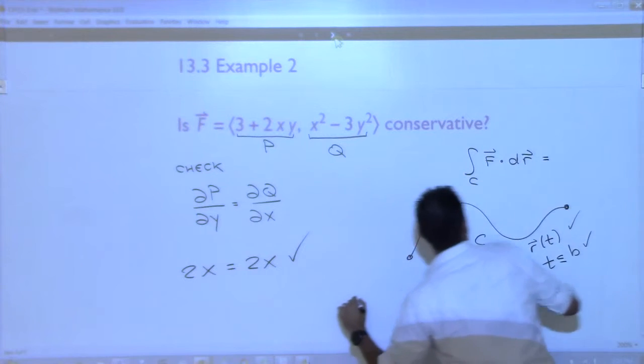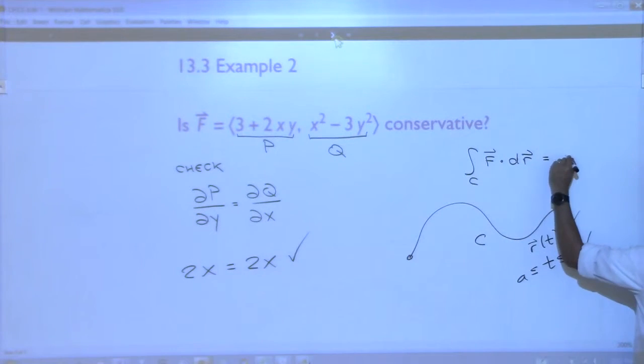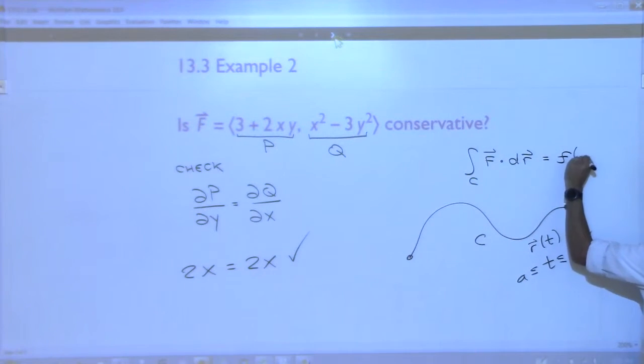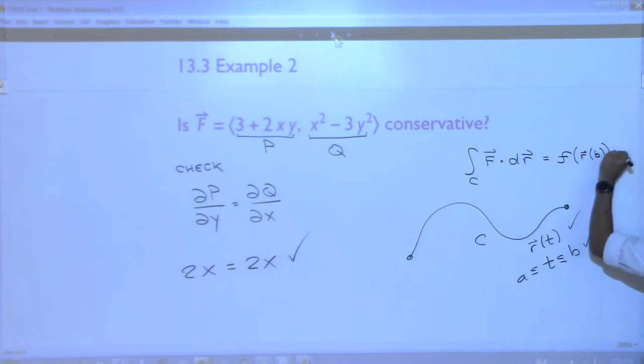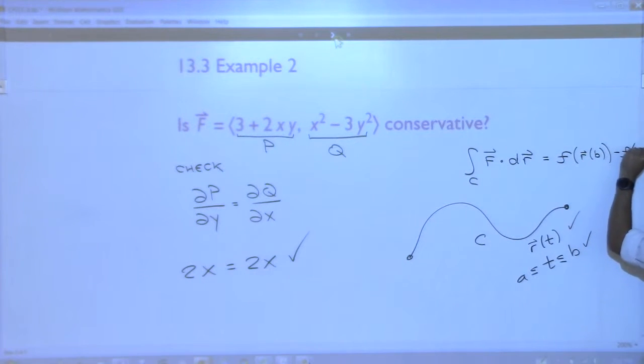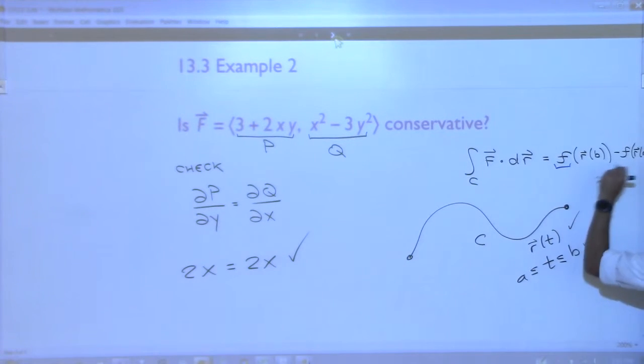That's right. Remember, the fundamental theorem of line integrals says that we need to be able to evaluate the scalar function f at the two endpoints, right? But the scalar function f, what is it?